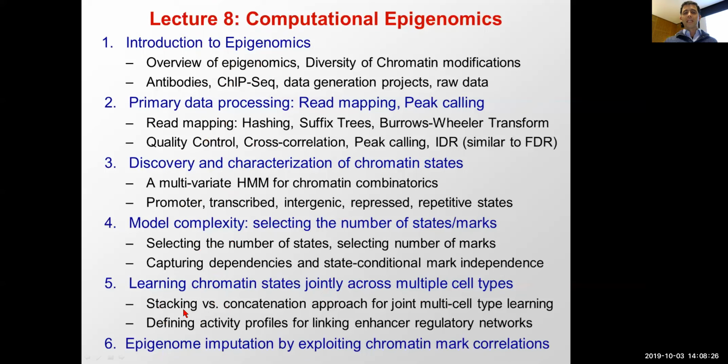We talked about stacking versus concatenation versus independent learning, how to define these activity profiles and use them to link enhancers with their upstream regulators and downstream target genes, and how we can impute epigenomes by completing these matrices, sometimes better than the experimentalists can actually profile them.